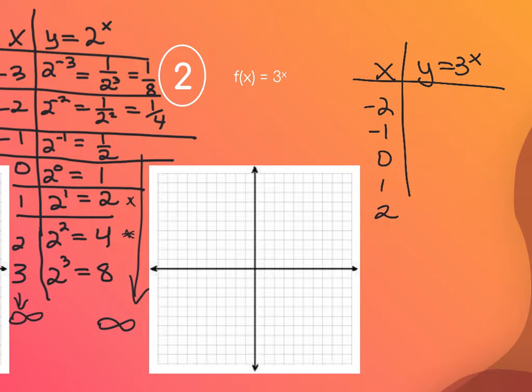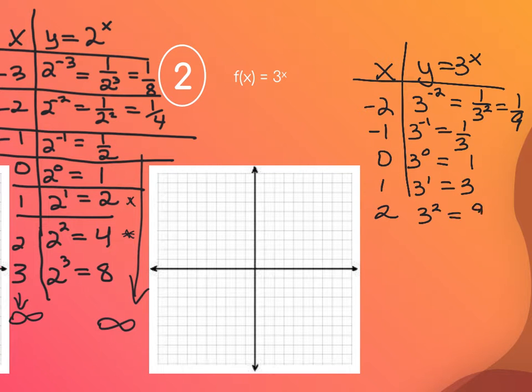Remember, any number raised to a negative exponent doesn't make the number negative. It makes it become a fraction. So this becomes 1/9. Over here, 3 to the -1 becomes 1/3. Anything to the 0 power equals 1. Then 3 to the first is 3. And 3 to the second is 9.